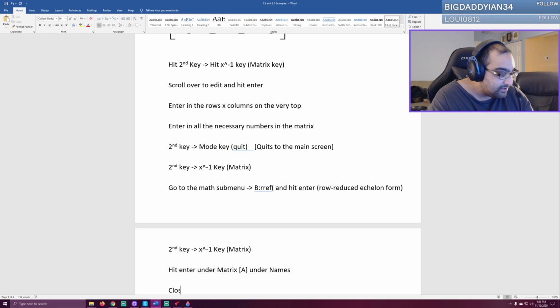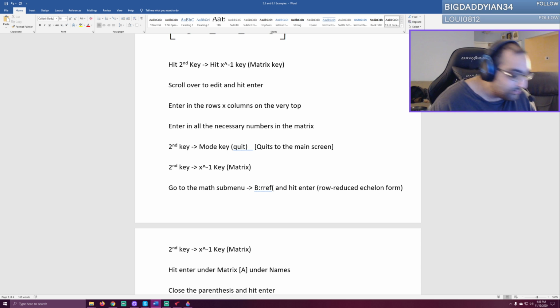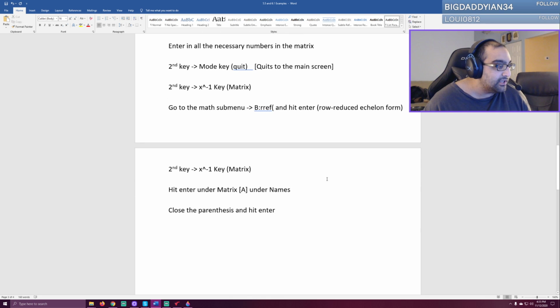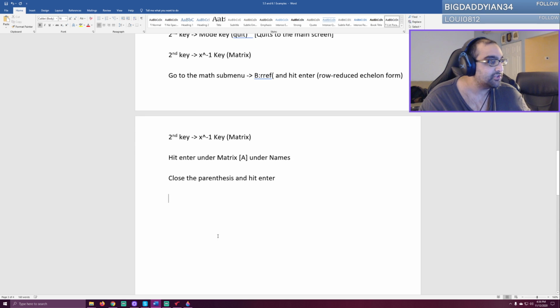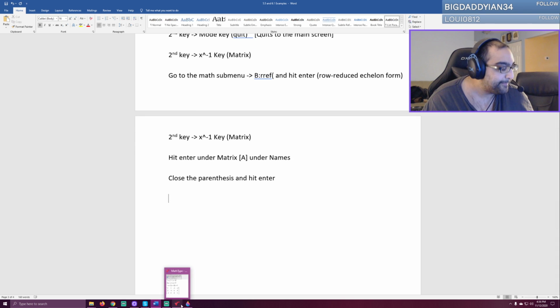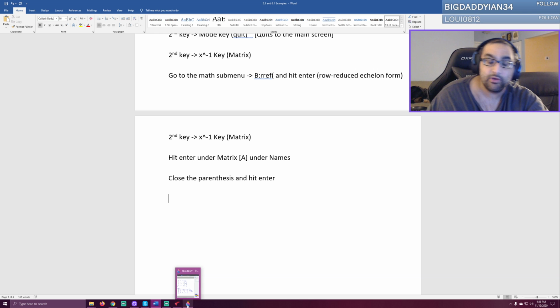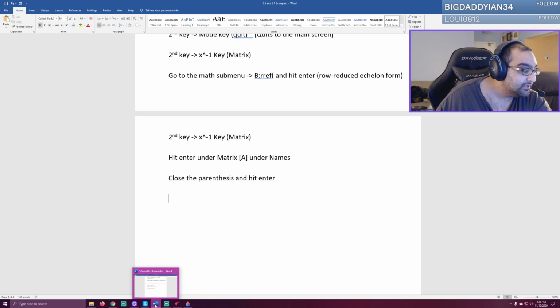All right, and then all we have to do is close the parentheses and hit enter. And a matrix on your calculator should pop up. So let's take a look at the subsequent matrix that we should get here. And let's make sure that we all got the same matrix here.